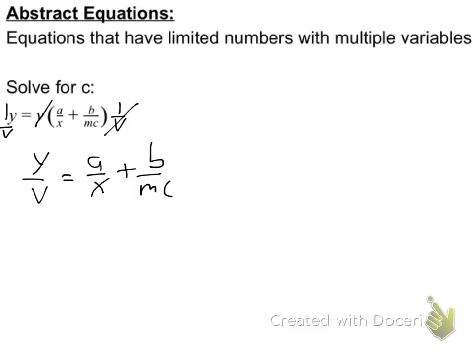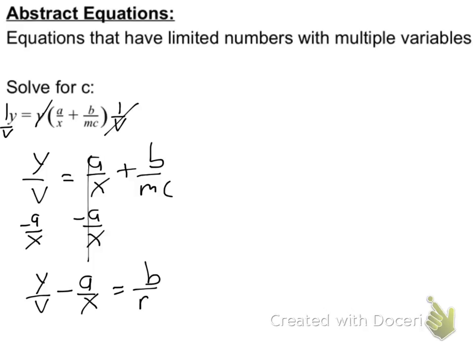So therefore, subtract the A over X from both sides. That will cancel them. So therefore I get Y over V minus A over X equals B over MC.